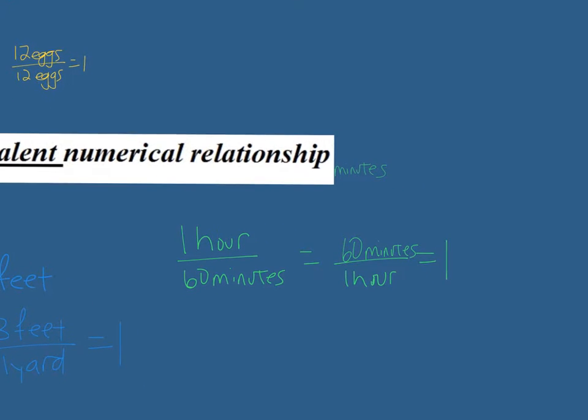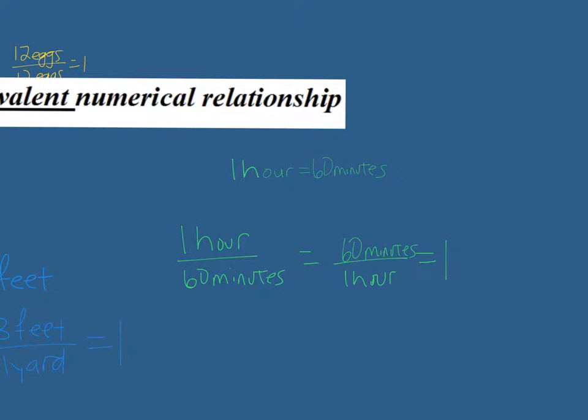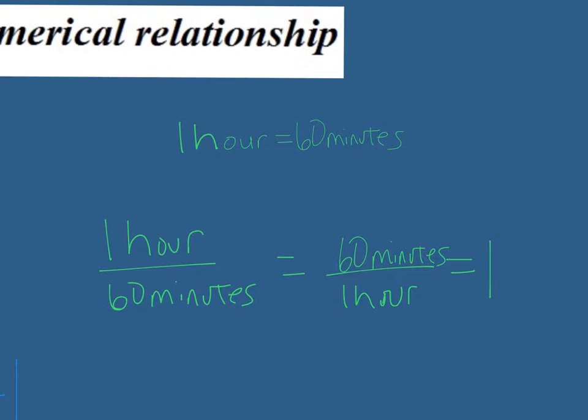So we have other examples here. So we've got, for example, 1 hour equals 60 minutes. In that example, you could use this conversion factor right here, and you could set it up this way with 1 hour in the numerator, minutes in the denominator, or if you needed minutes for the unit in your answer, then that would go on top and hours would go on the bottom.